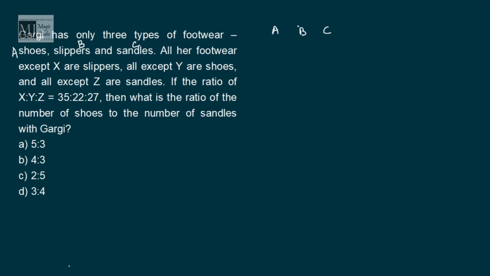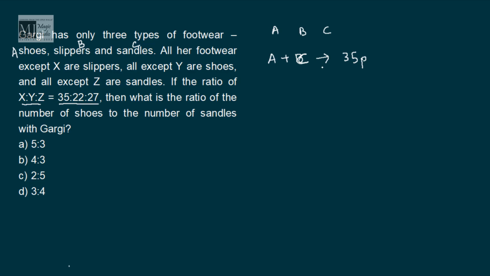That means B is left out, so A plus C should be equal to X. Now from where do I get 35? It is given here. X is to Y is to Z is 35, 22, 27.